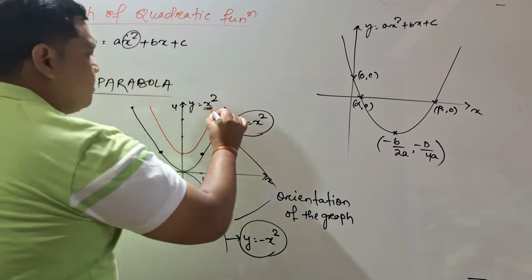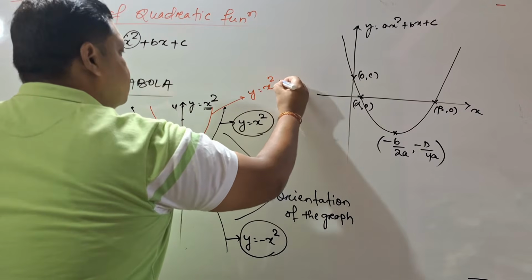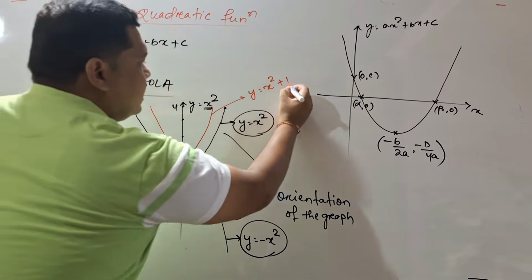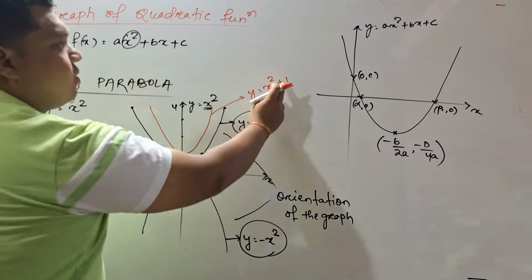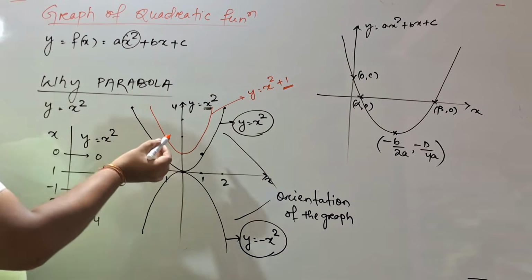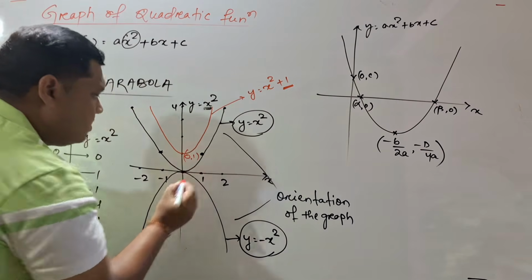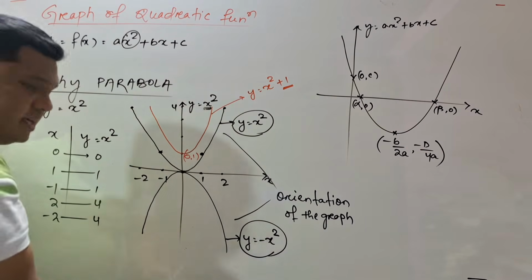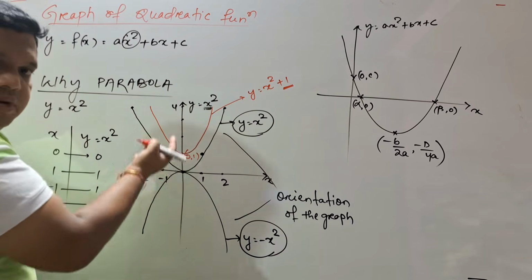So this is called magnitude shifting. This is y equal to x square plus 1, and here I am adding a constant term in this function. If I add a constant term plus 1 in the function, it is shifted 1 unit up. So this coordinate is 0, 1, that is 0 comma 1 on the y-axis, at x equal to 0, and it is shifted 1 unit up.